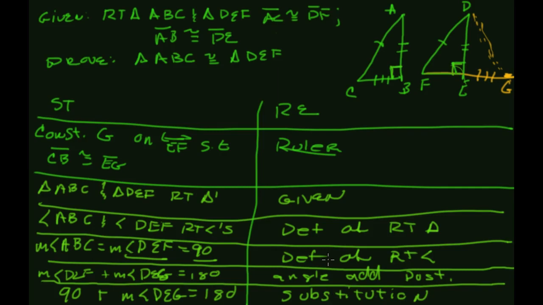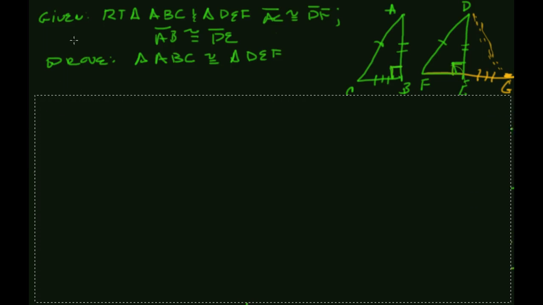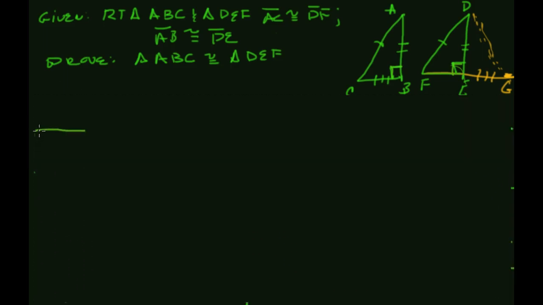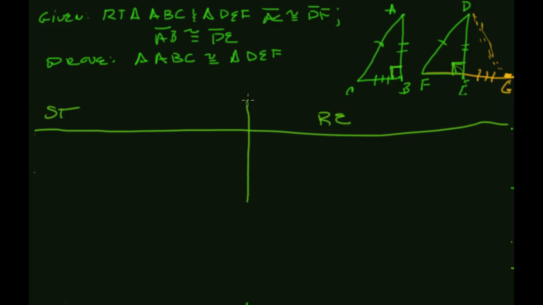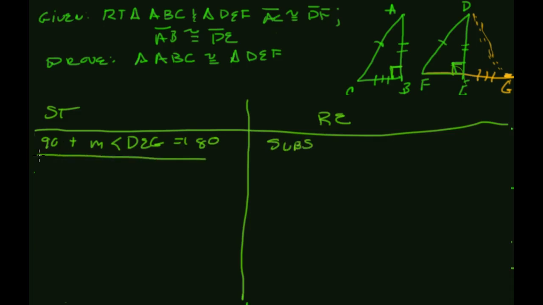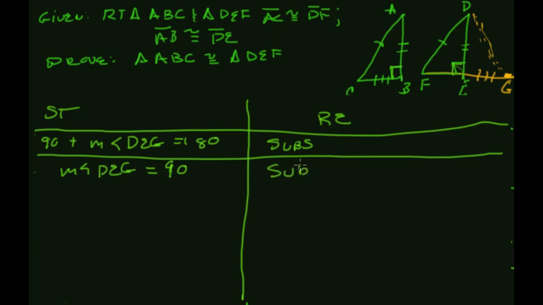Okay, so that helps. I'm out of room, so I'm going to have to clear some space here. Okay, that gives me a little more space to work with. Just to carry something over from the last screen, I now have that 90 plus the measure of angle DEG was 180, which I got by substitution. If I subtract 90 from both sides, I have the measure of angle DEG equals 90, so that's subtraction.